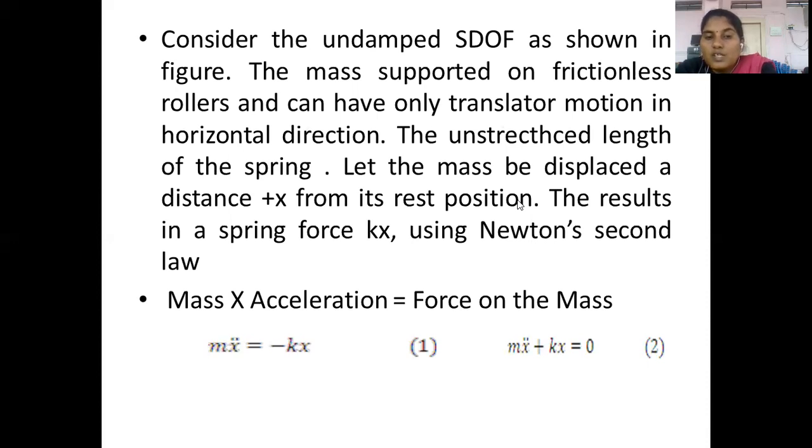Let the mass be displaced at a distance of x from its rest position.